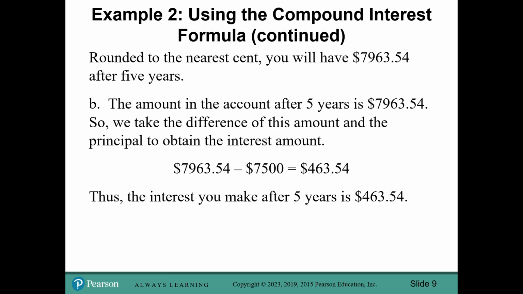So we're going to take that $7,963.54 and subtract $7,500, and that gives us our interest of $463.54. So the interest that we made after 5 years on this investment of $7,500 at that 1.2% interest rate, compounded monthly, is $463.54.